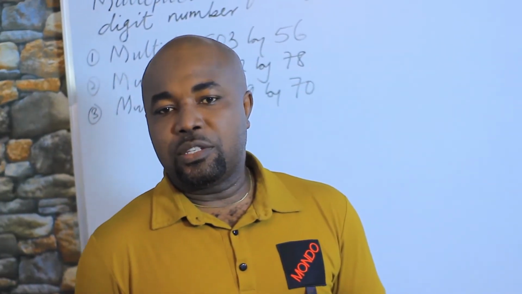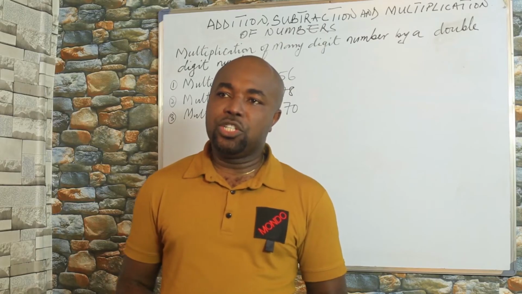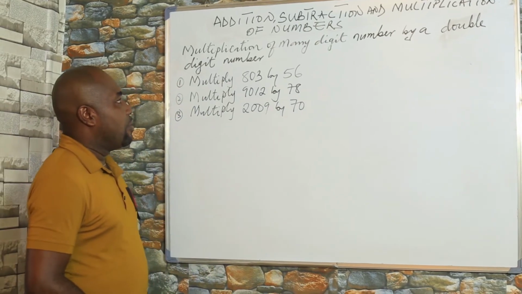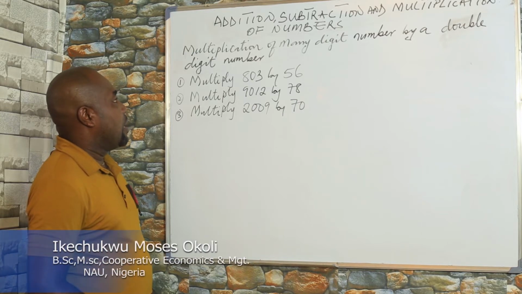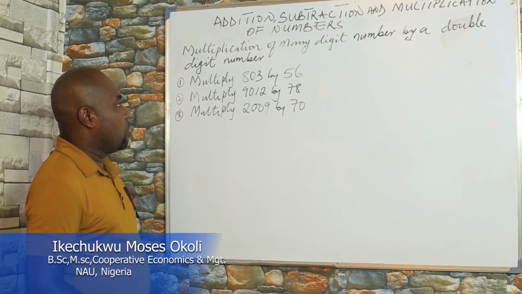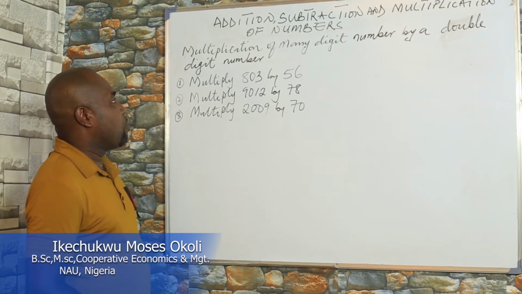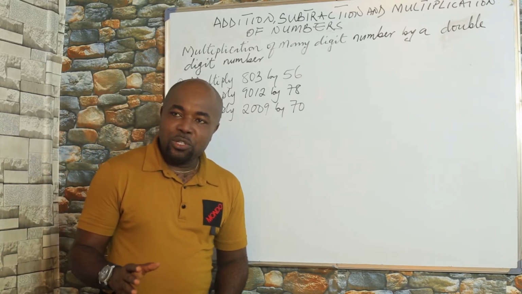Now we shall look at multiplication of many digit number by double digit number. So look at the board here. I have put down a number of questions as examples for us to solve, for you to understand further about multiplication of numbers. I hope you are following. Just pay attention.